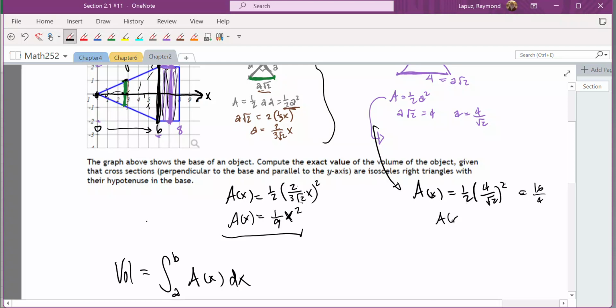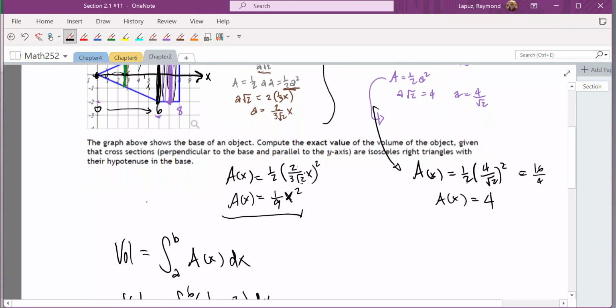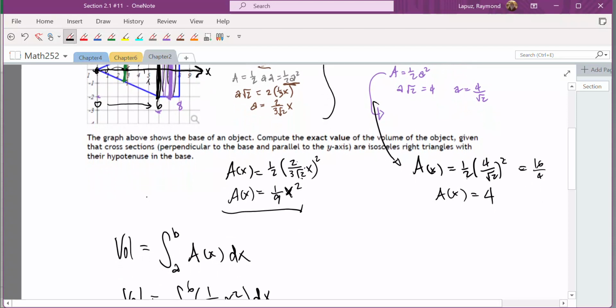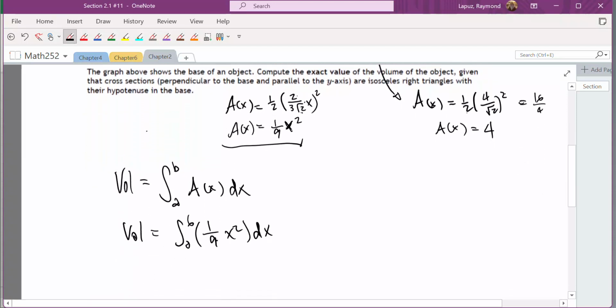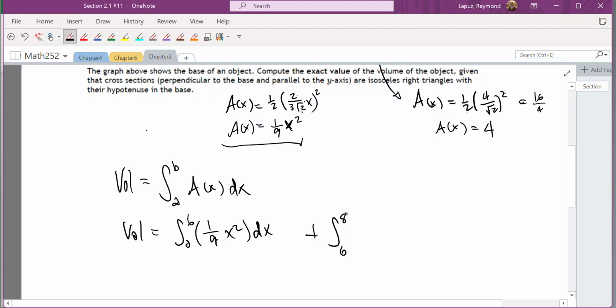So your area for all those isosceles triangles will always be 4 in this particular scenario. Now that we have that, we will add on this integral from 6 to 8 of the area function, which is just constant, for dx.